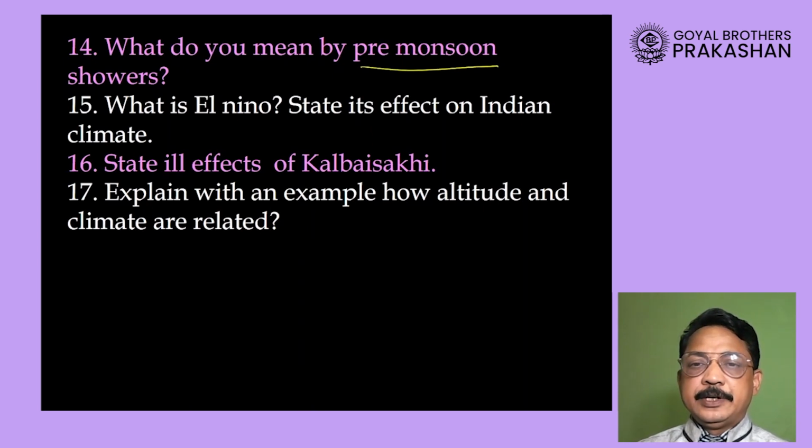Now the next question is, what is El Nino and state its effect on Indian climate? Dear students, the answer is, El Nino is a warm ocean current that flows along the western coast of South America during a time which is not fixed.